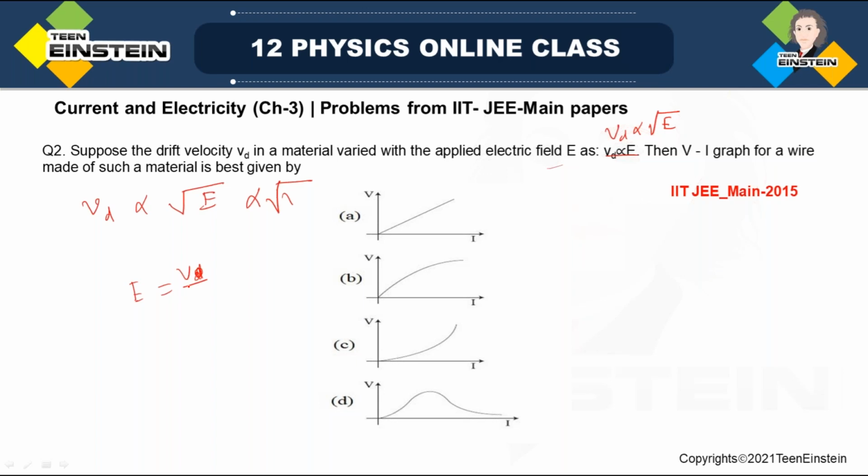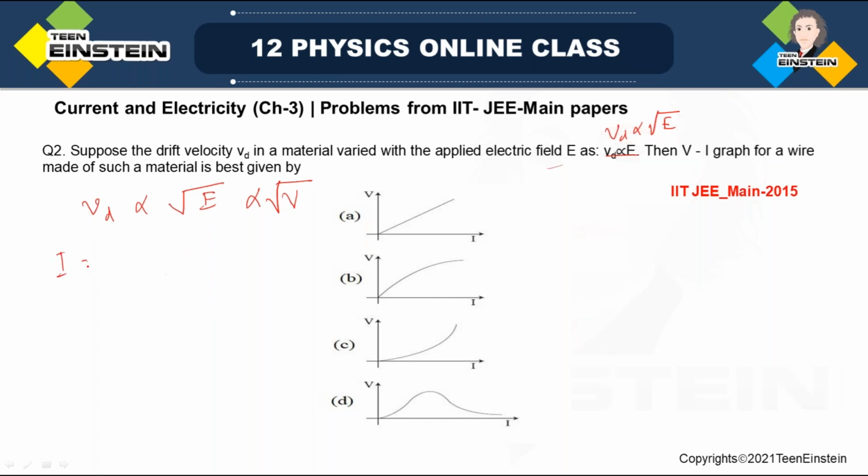So if this is root E, then this can also be root V. So drift velocity is directly proportional to square root of V, the potential difference also.